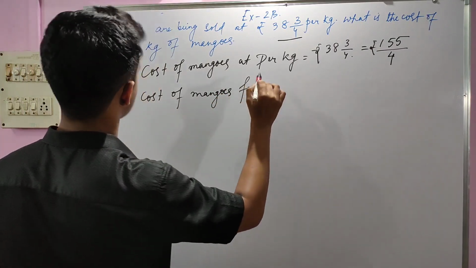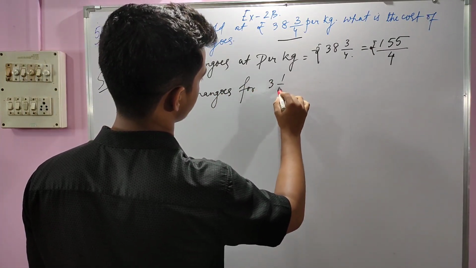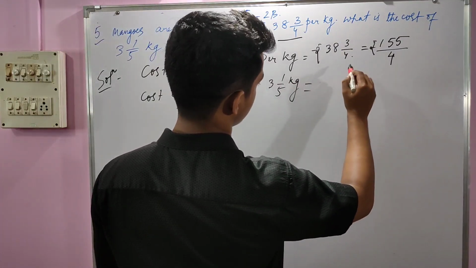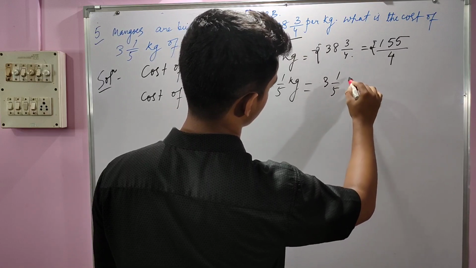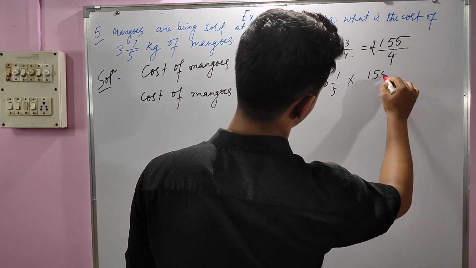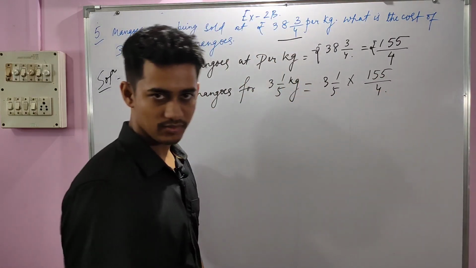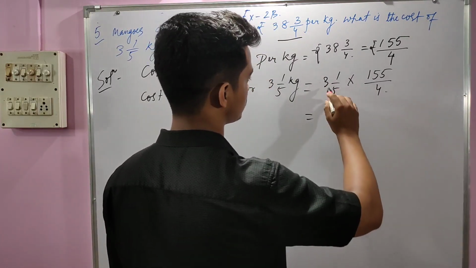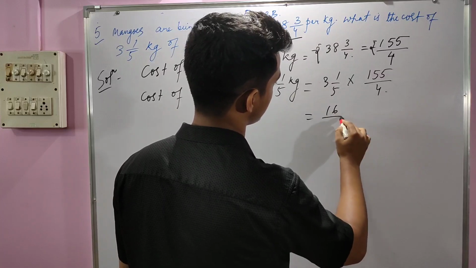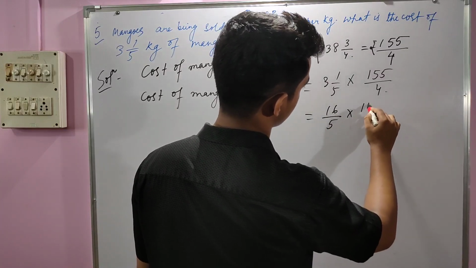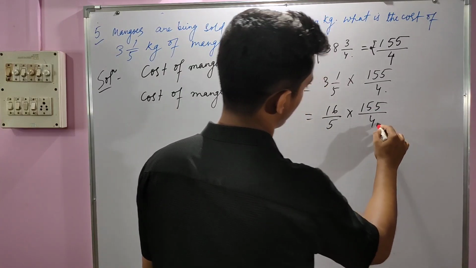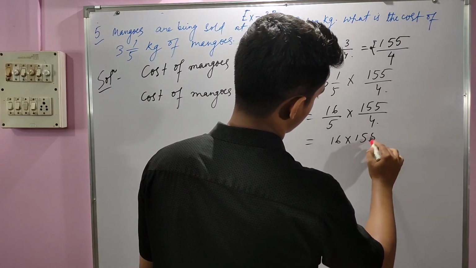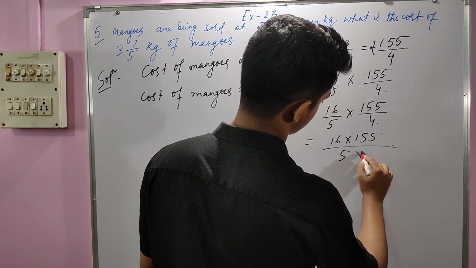So now we write cost of mangoes for 3 1/5 kg. So basically we have to multiply this 3 1/5 into 155/4. That is our task. So now 3 1/5 is basically 5 into 3 is 15, 15 plus 1 is 16/5 into 155/4. Now the process is similar. 5 into 4.